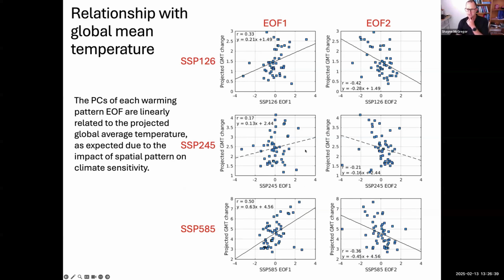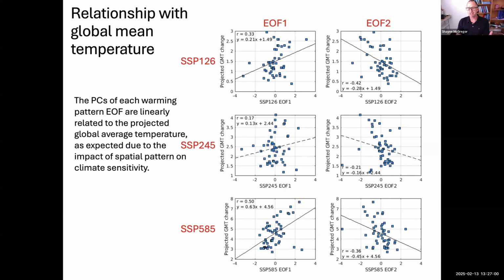The fact that it's a dashed line in those middle two panels suggests the relationship's not statistically significant. Where the line is solid in the upper and lower plots, it is significant. So these plots are related to projected temperature largely, and we know they're important for Australian rainfall.